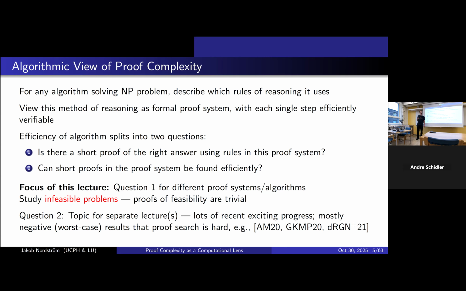In technical terms, these are non-automatability results, showing, for instance, that even if modern methods used for Boolean satisfiability solving or algebraic reasoning could be efficient in principle, making them efficient with worst-case guarantees is often as hard as solving NP. But I won't really talk about that today. So we'll focus on the question of what you can do in principle in terms of the strength of the method of reasoning.